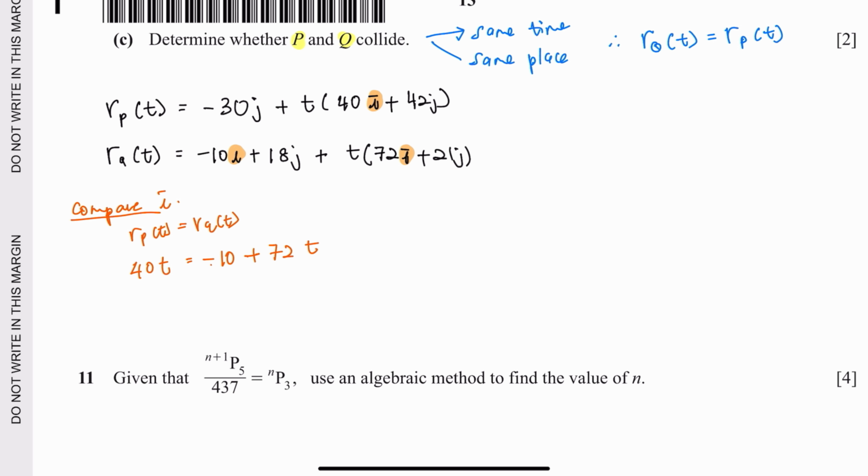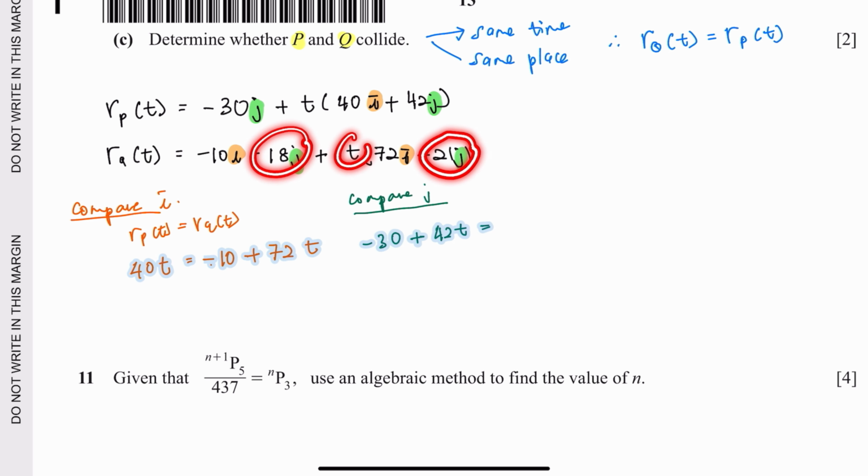Now let's compare j. j here is negative 30, 42, 18, and 21. Let's compare j. Negative 30 plus, don't forget the t, 42t, it's equal to 18 plus 21t.